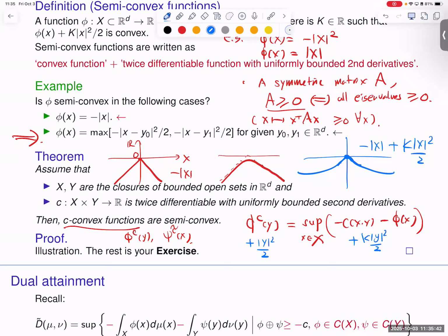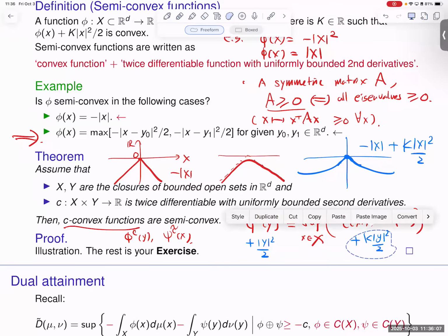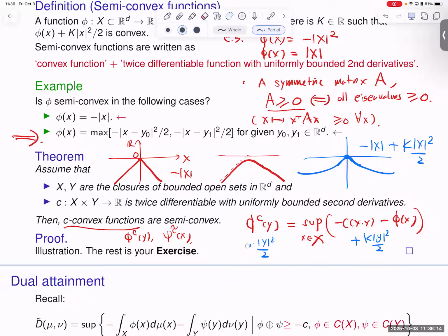You add this function on each side, but the supremum is over x. So adding this is like adding a constant. Adding a constant to your family and taking the supremum is the same as taking the supremum of your original family and adding a constant after. So this is the same as adding this constant on the left.